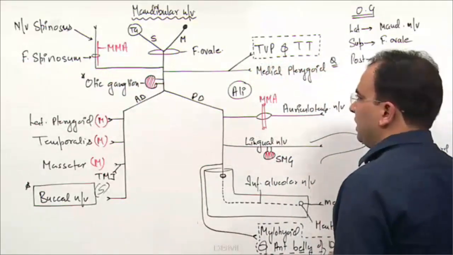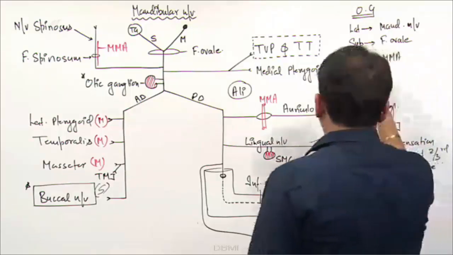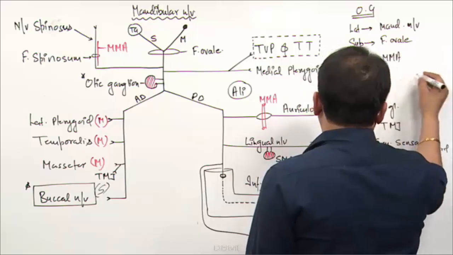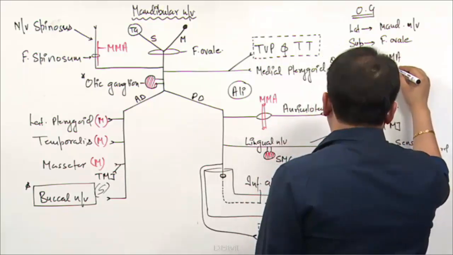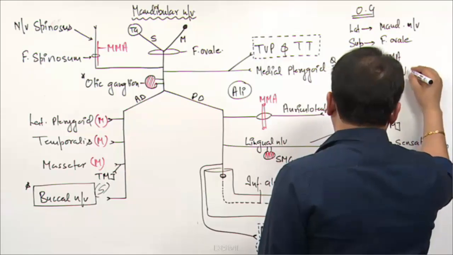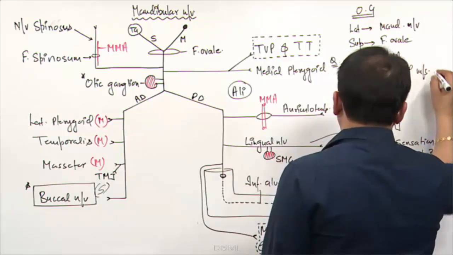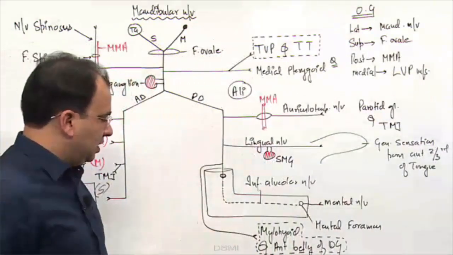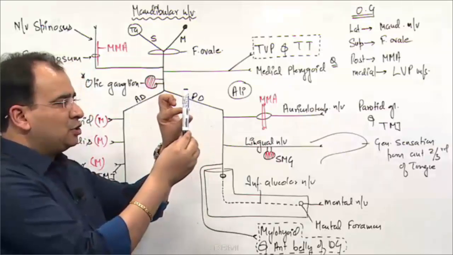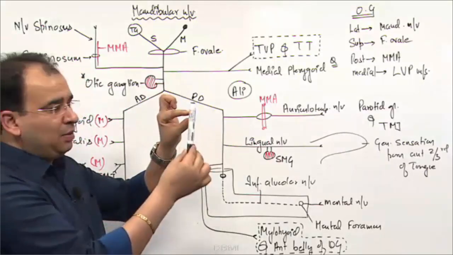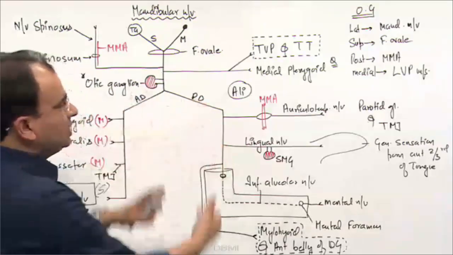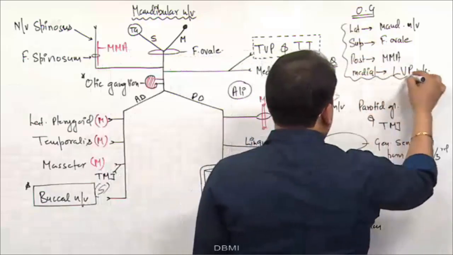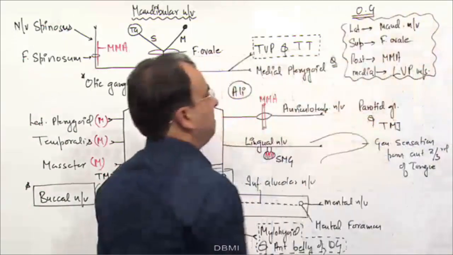So posteriorly we have middle meningeal artery, and medially there is levator veli palatini muscle. So lateral to the otic ganglion is the mandibular nerve, and medial to the otic ganglion the muscle is levator veli palatini. So these are the important relations of the otic ganglion which we need to remember.